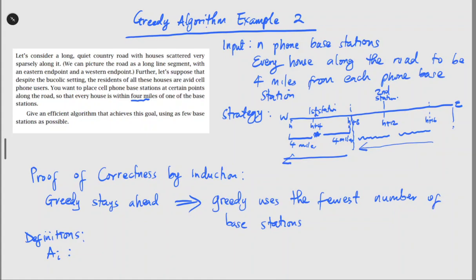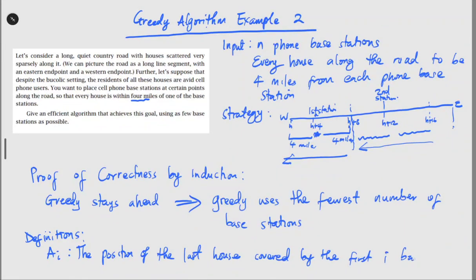So A subscript I, let's call this the position of the last house covered by the first I base stations in the greedy solution.